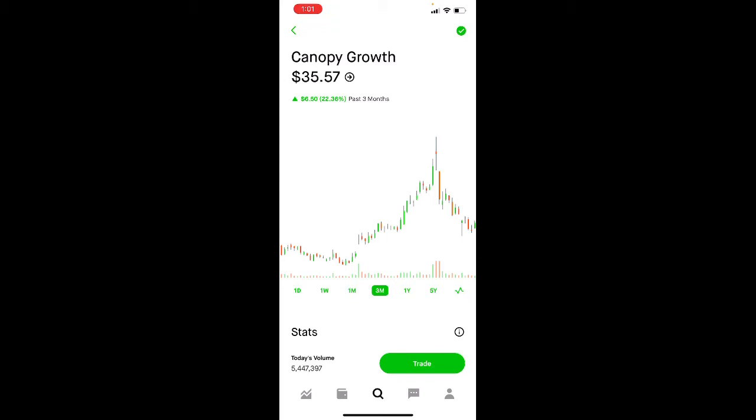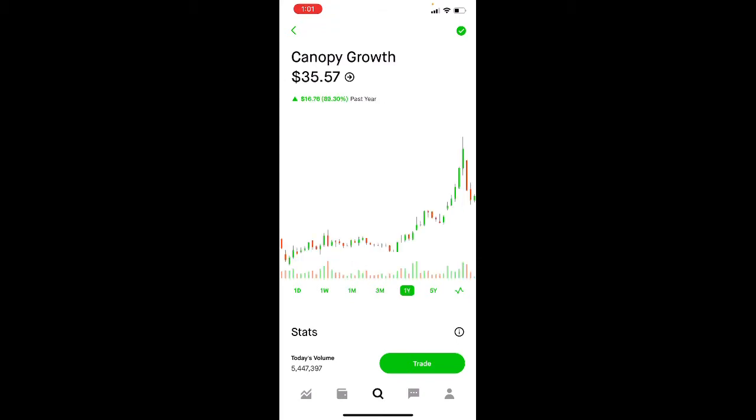If we look at the 1 year chart, it'll give us more information, and the low has been $9, sub $10. So that lets us know where the stock can go as far as up, and where it can go as far as down, right?